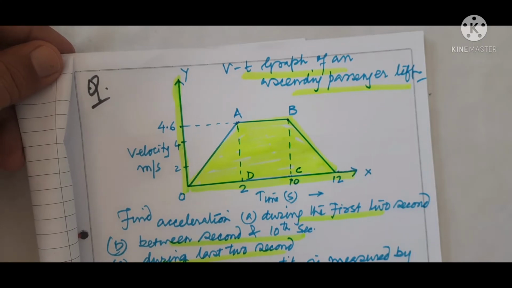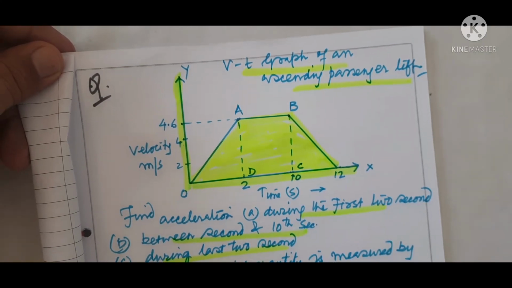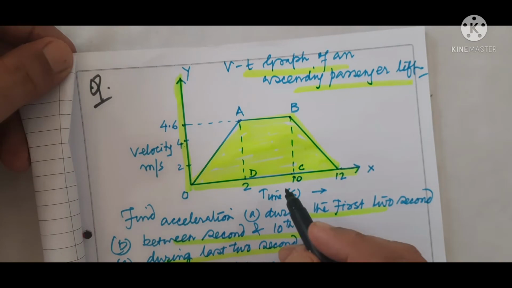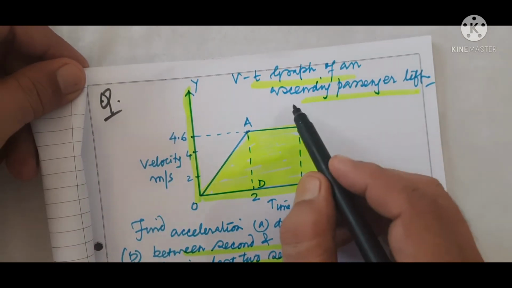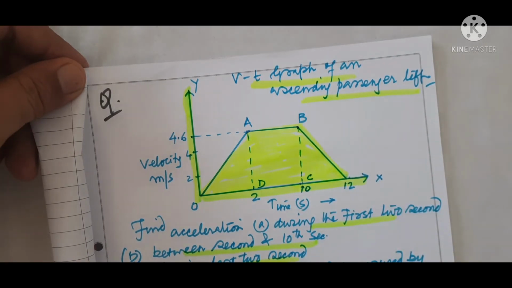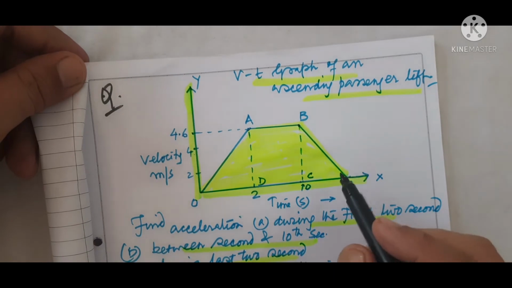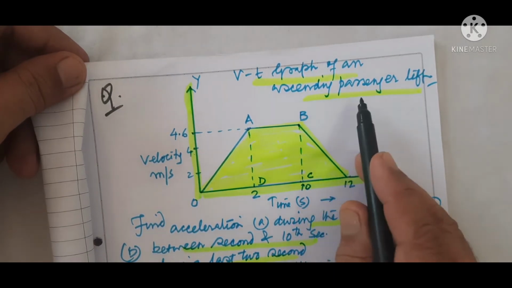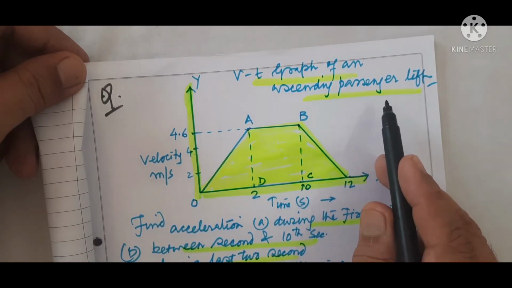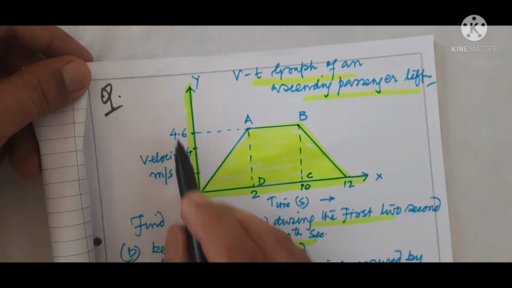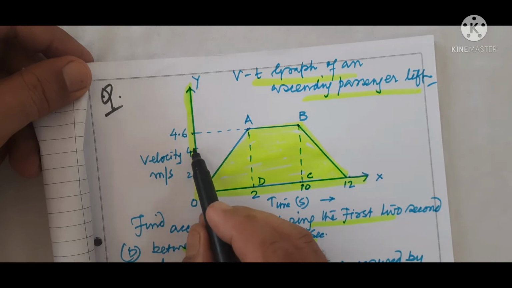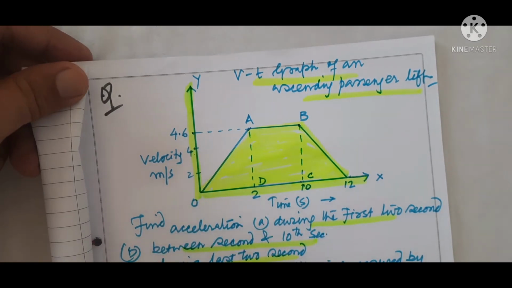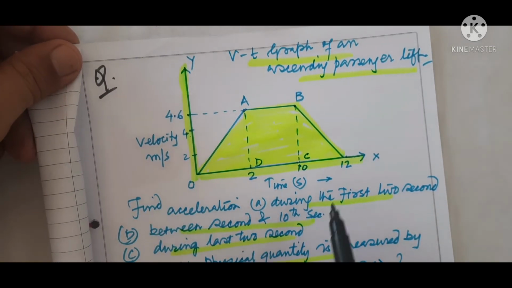Another question, just see it. One graph is given, the VT graph, the velocity-time graph, of an ascending passenger in a lift. A man is going up in a lift, an ascending passenger in the lift. This is the graph, here the velocity, here the time, with values 2, 10, 12, and 2, 4, 6 given in meter per second, and here the time.